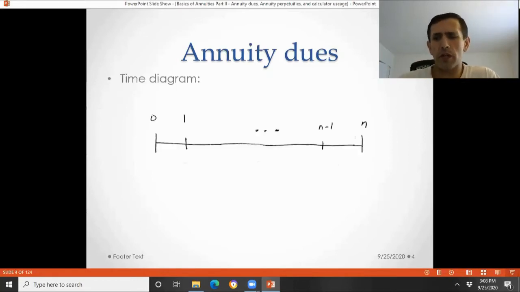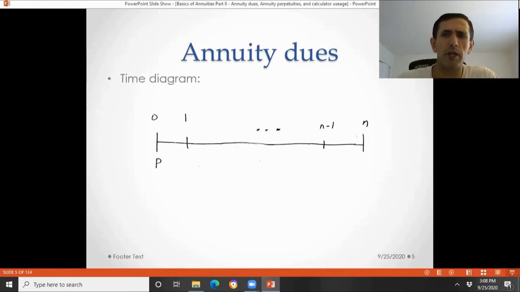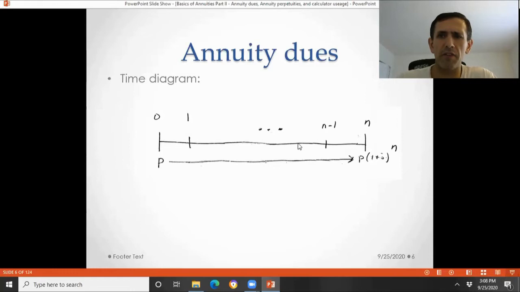All right, so the time diagram is very similar to the annuity immediate time diagram. We have our first payment or deposit of P, and what's the time value of that at the end of N periods? Well, if J is the per period interest rate, and this annuity lasts N periods, this is just P(1+J)^N.